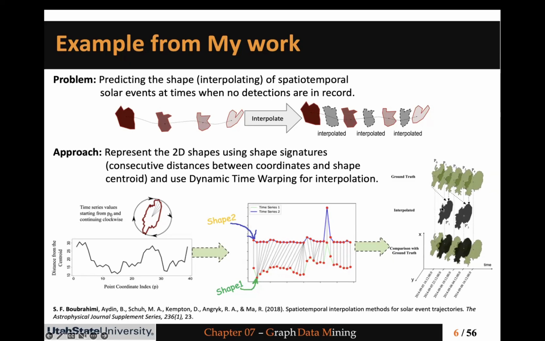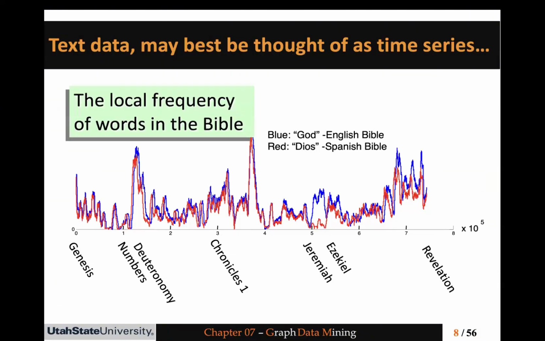So P1 prime is the most likely shape that made polygon P0 move into polygon 2 in this case. You don't have to understand this example very well, but this is a direct application showing you how time series can help solve some really important problems from science, which is shape interpolation.